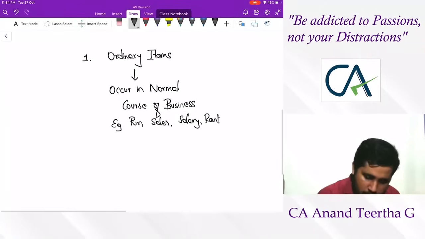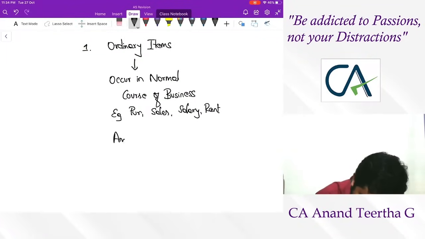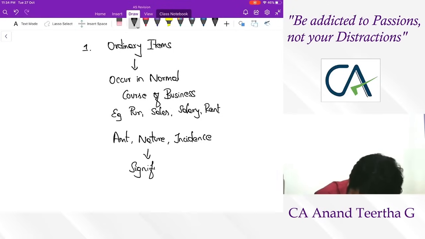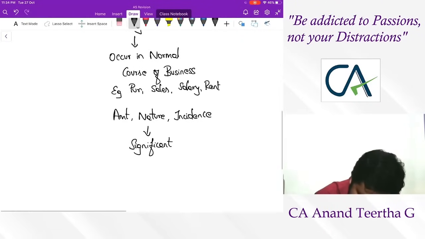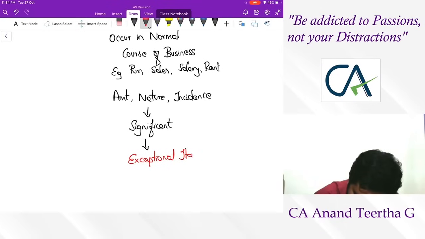However, in this ordinary item itself, if there is any amount, nature, or incidence, if they are significant, then they are called exceptional items. They are called exceptional items, and these exceptional items should be separately disclosed.